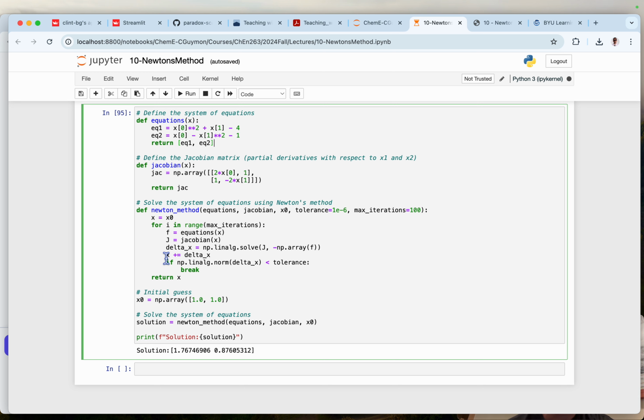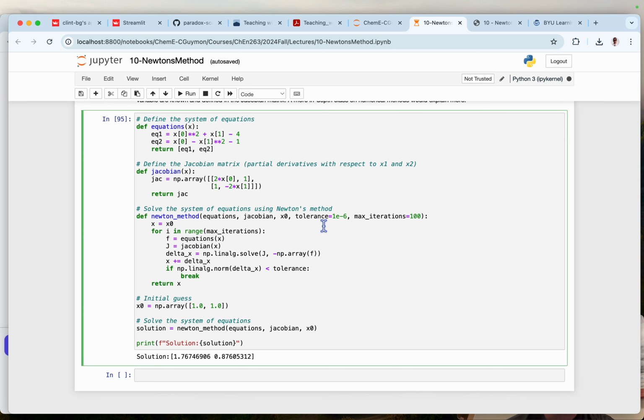Then you add it to the previous value, and then you can get a normalized vector or number from that array of guesses or step size. And if that's less than the tolerance, here we specify 1e to the minus 6, you can stop this and return the solution.